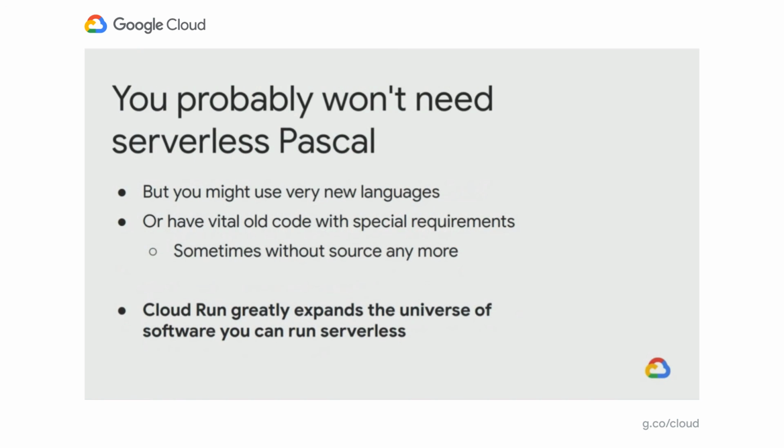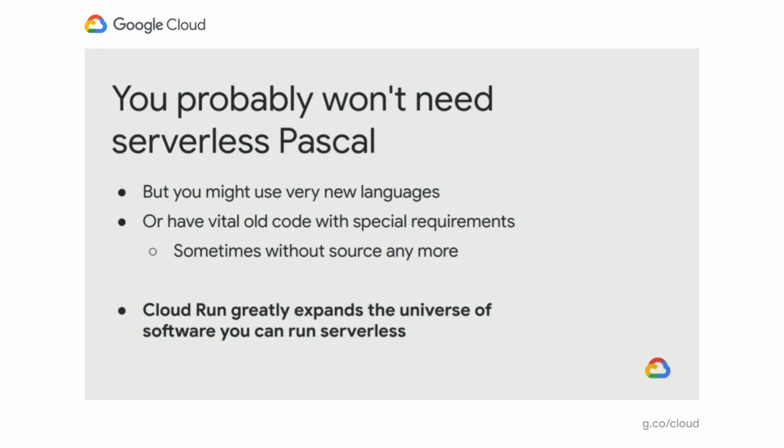But all is said and done, everything we did here is something you're probably not going to need to do exactly as given. You're probably not going to need to run Pascal software on a serverless platform. But it's a lot more likely you may need to run something in a language that's too new to have much support on source-code-oriented serverless platforms.